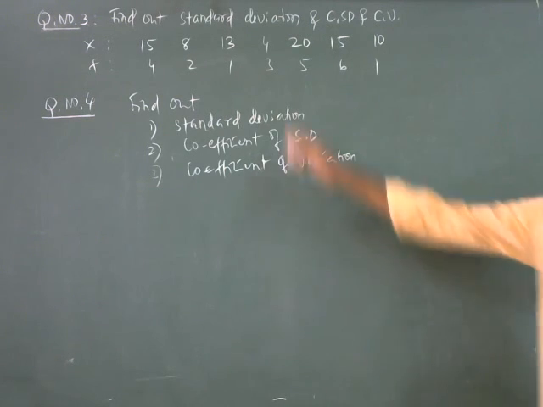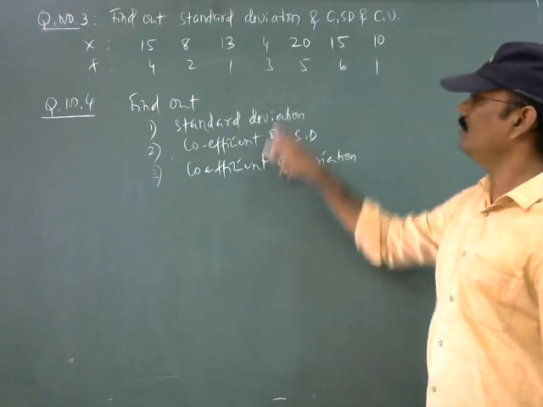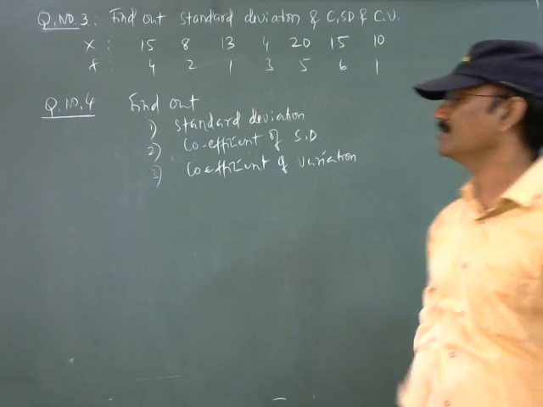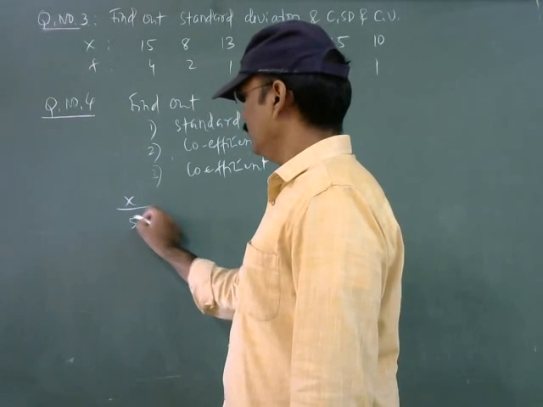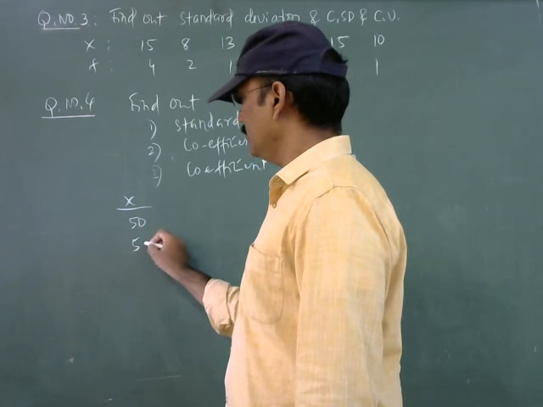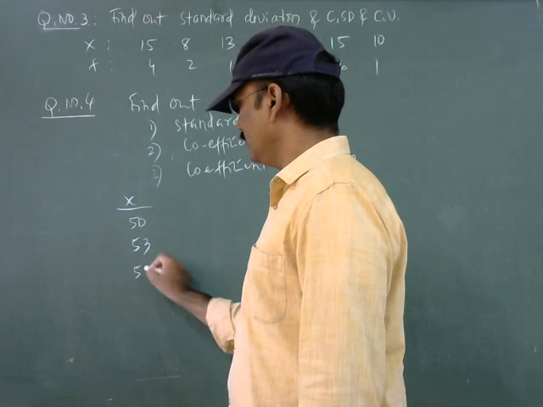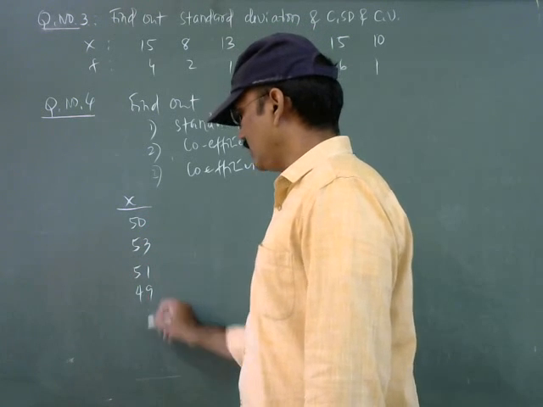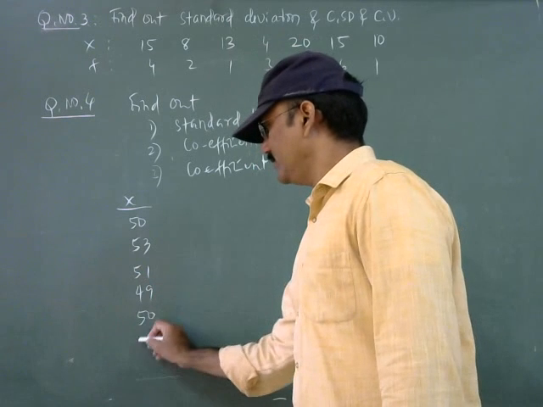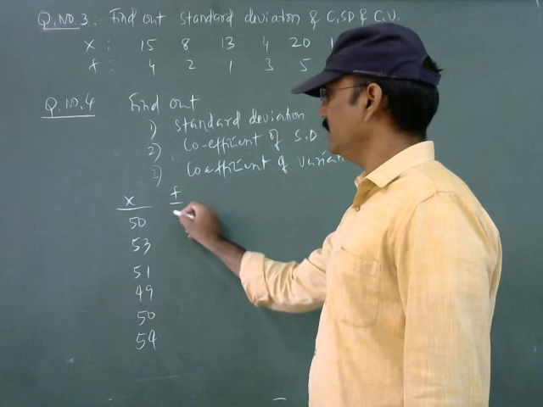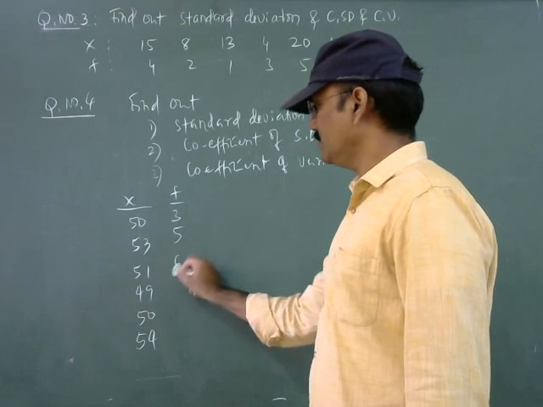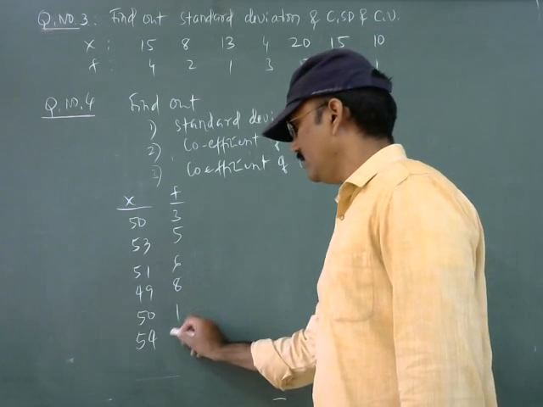So 3 questions. Once again same: standard deviation, coefficient of standard deviation, coefficient of variation. The question is like this: x 50, then 53, 51, 49, 50, 54. Then frequency 3, 5, 6, 8, 1, 9.